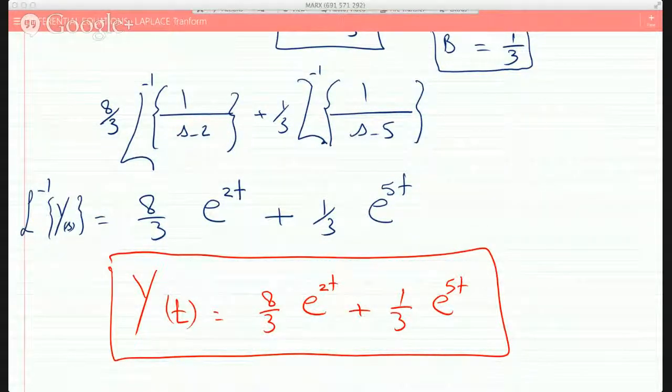Well, in this case, I would have one for the complementary, and I would have one for the particular, because this is non-homogeneous. And in this case, Laplace spits out both of those in the process of doing it. Okay, so this is an example on how to use Laplace transform to figure out the solution for a non-homogeneous first-order linear differential equation.